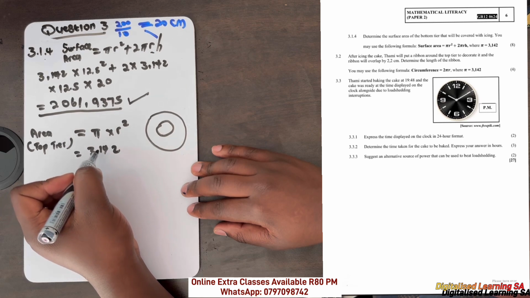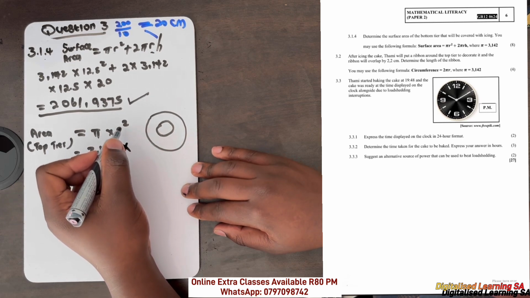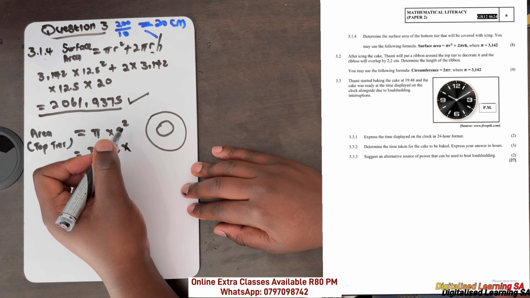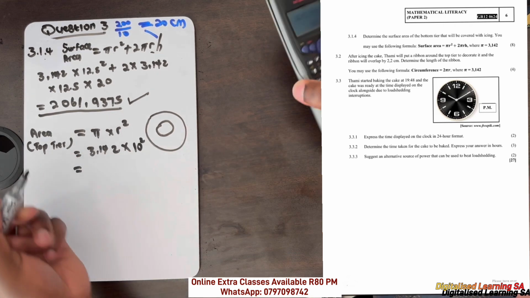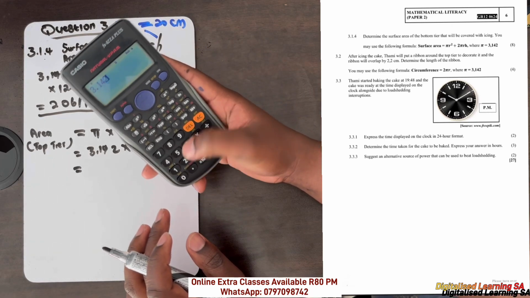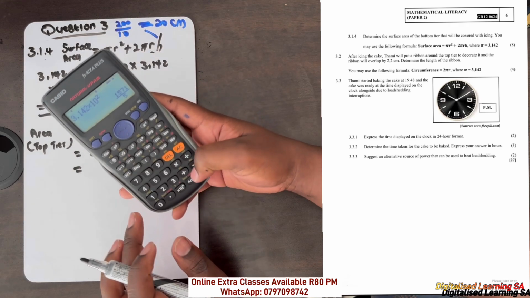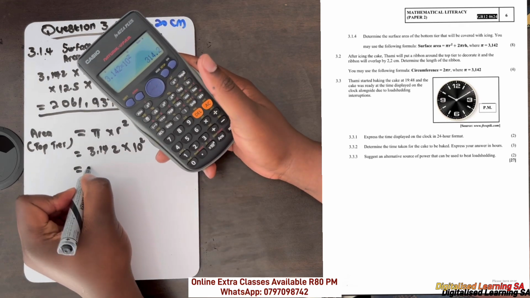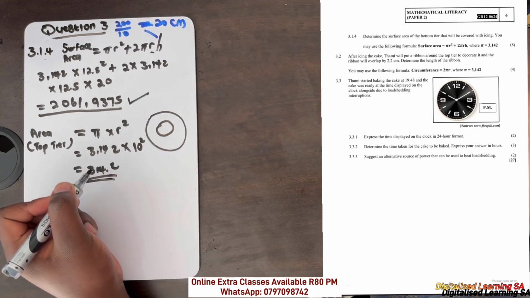It's 3.142 multiplied by our radius, and our radius for the top tier was 10, so it's 10 to the power 2. So it will be 314.2. We need to remove this.